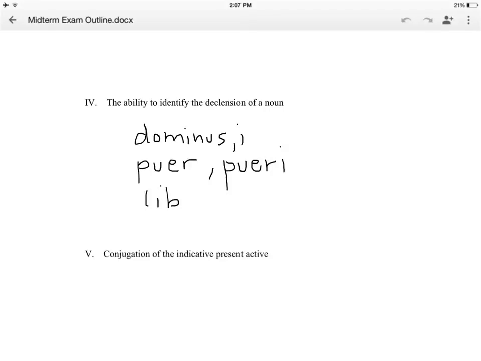Another one looks like liber, libri. And you'll note that what's different between puer, pueri, and liber, libri is that puer keeps the E, whereas liber in the genitive loses the E. But note that they all have an I in the genitive form.